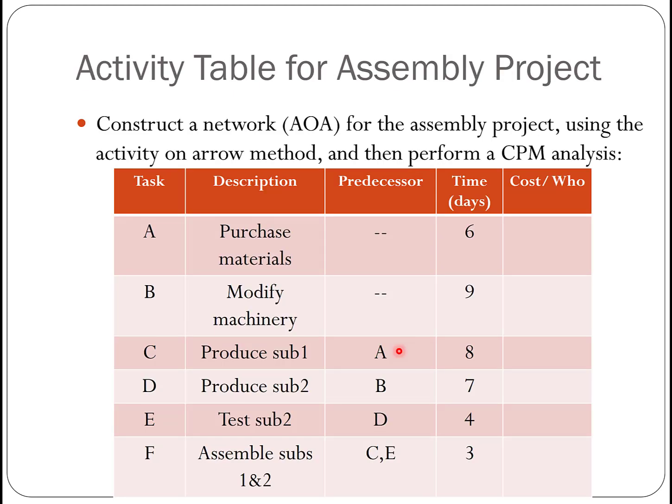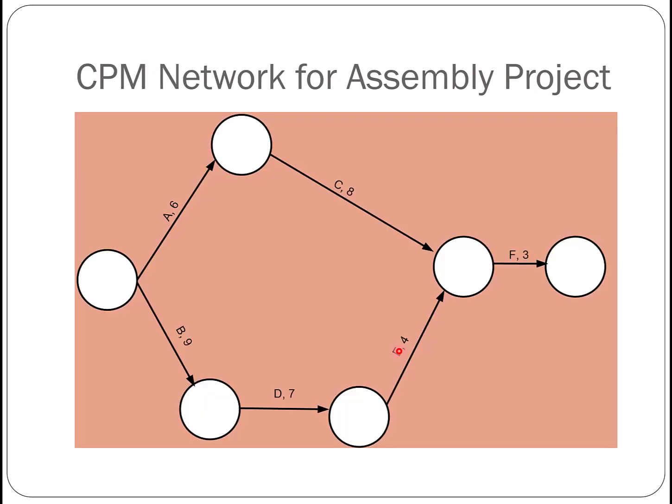Okay, so back to this example here, we're going to use this table to carry out that forward pass first. So this is our node 1, and our node 1's early start time is 0.